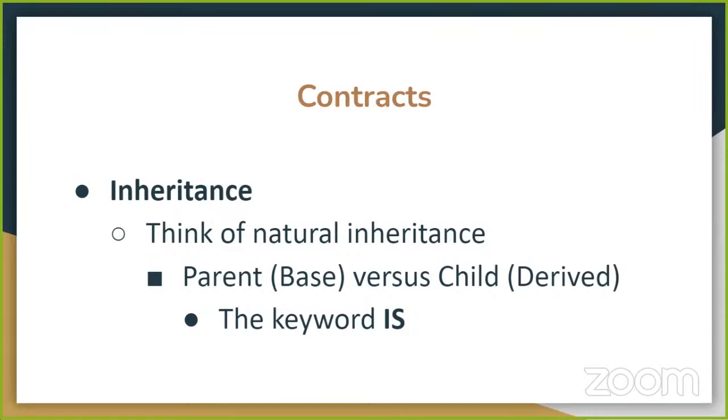So inheritance is just about avoiding redundancy. That means you are not writing code that has been written before all over again, but you just reuse code that has been written before. It's a contract that has been written before, and then you inherit it into your own contract.